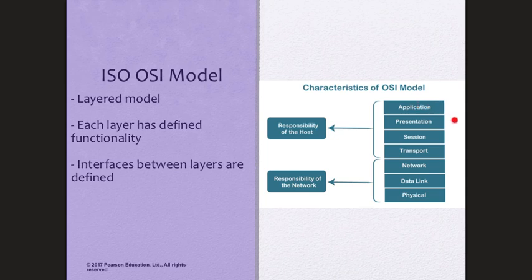Why did they actually come up with something like this? Why did they define several layers for the operation of a communication system?